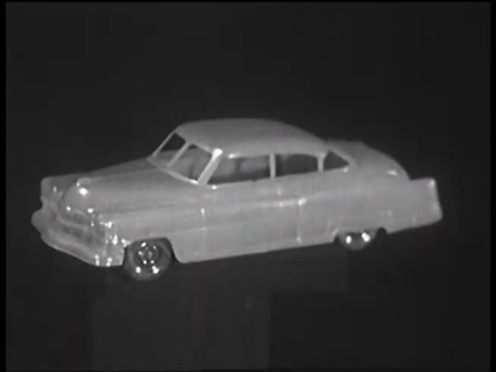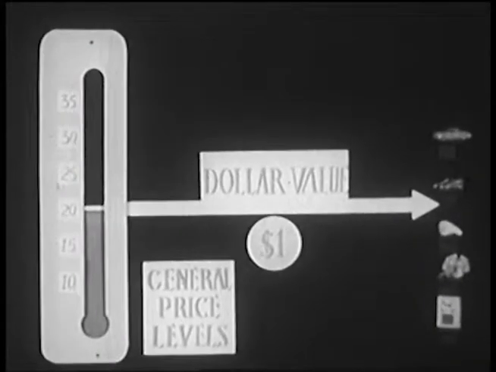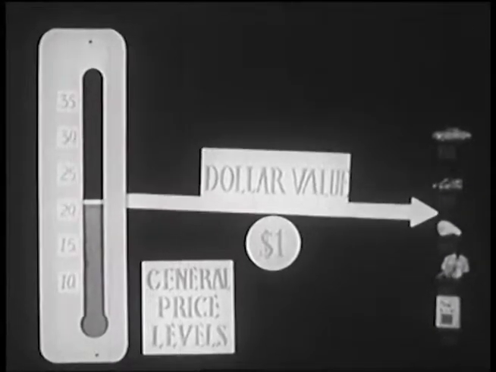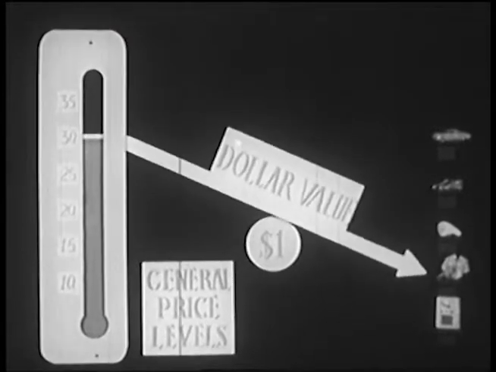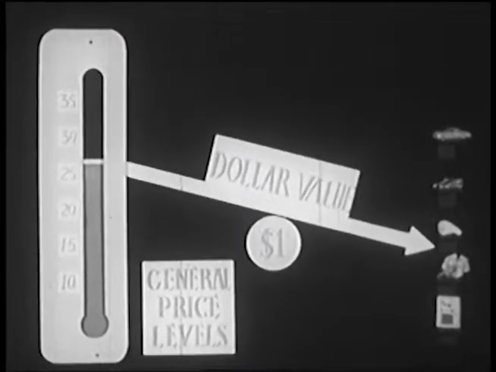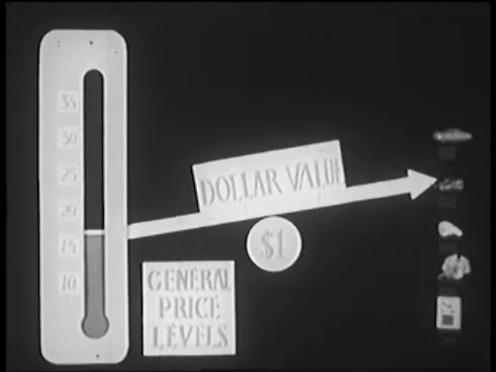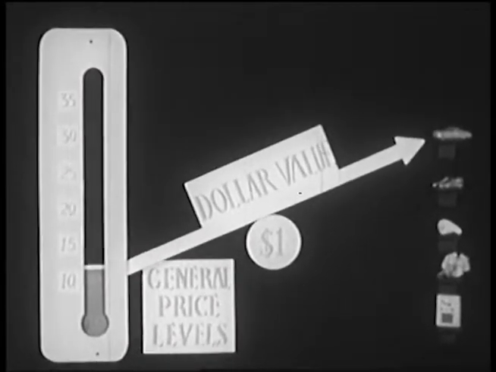We're talking about general price levels. As the general price level goes up, the value of the dollar goes down. As the general price level goes down, the value of the dollar goes up.